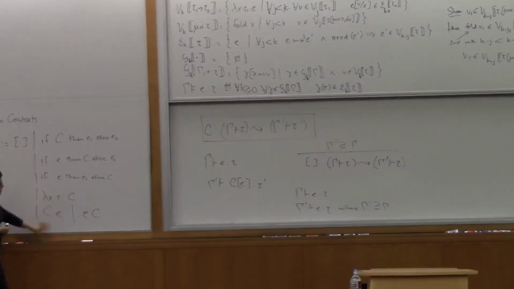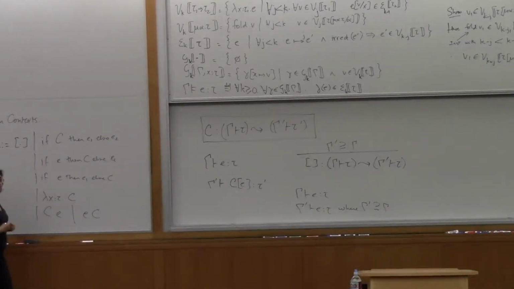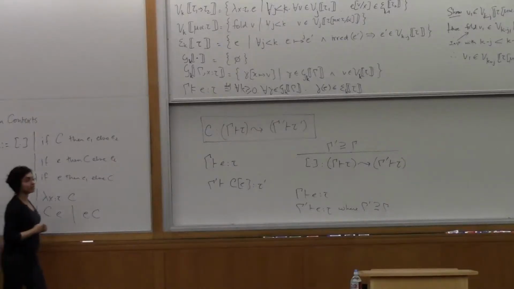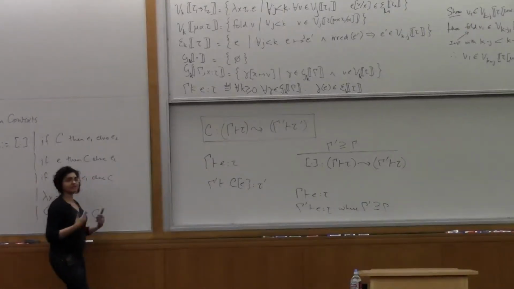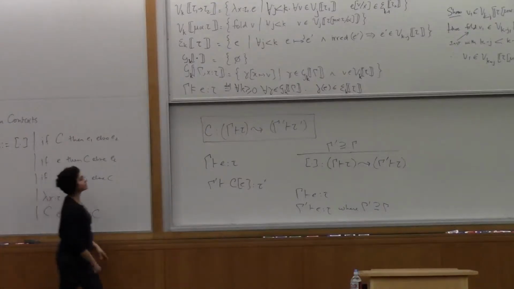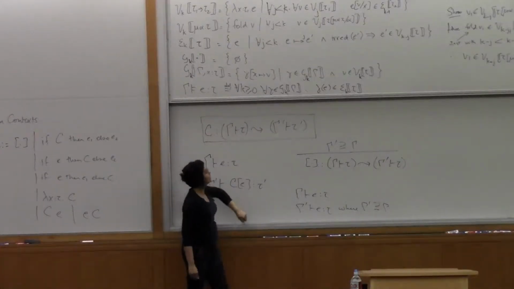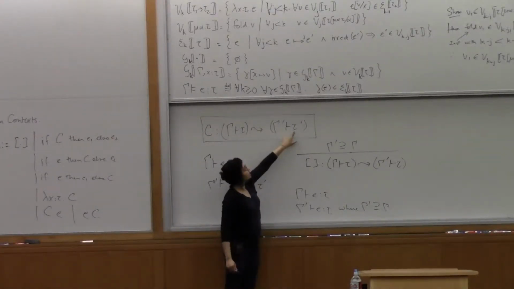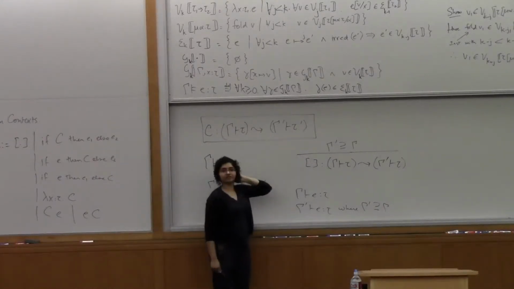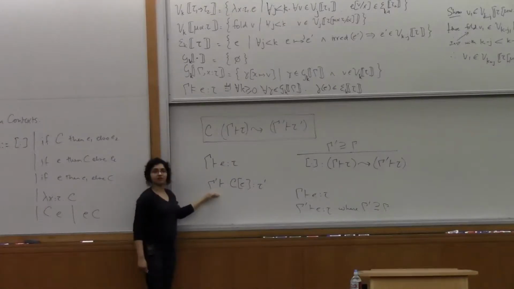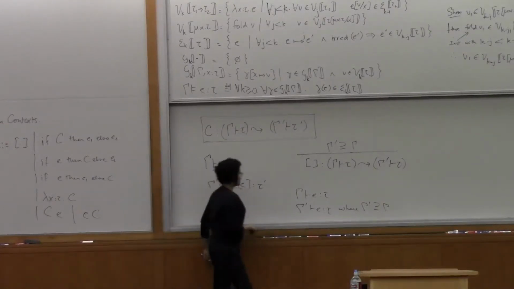And we can similarly define typing rules for all of the other contexts that we have in our grammar. Do you want to continue with that? It's really sort of a straightforward exercise. The main thing to remember here is that this is the type of the hole, and this is the type of the expression that you get after plugging in the hole, and it'll type check under this environment. All right, so this is the key bit. Okay?